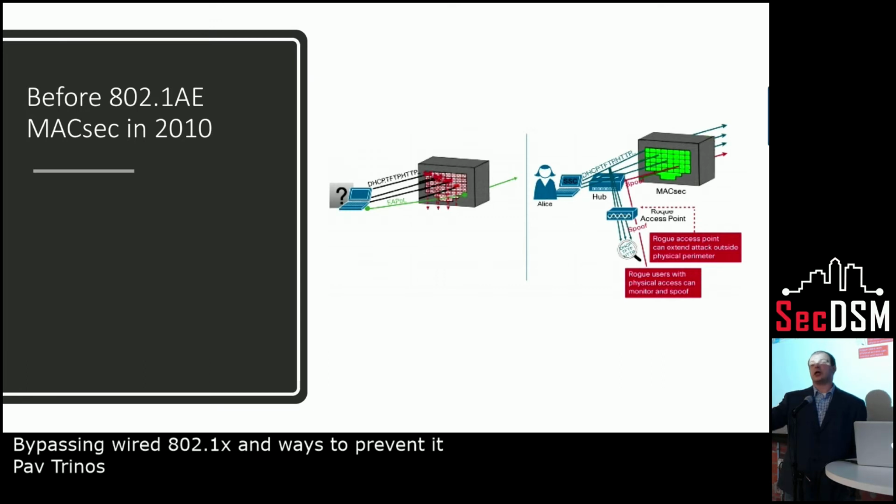Once you authenticate, then you're permitted to do more on the network. Once that good supplicant authenticates, we open up the full network to it. That's where our hubs and switches come in.